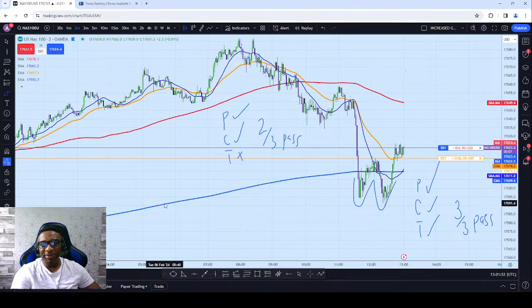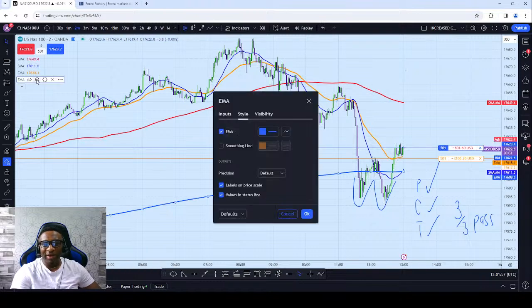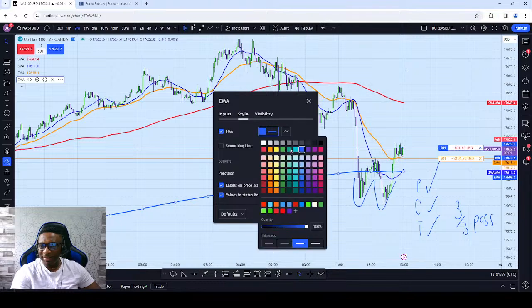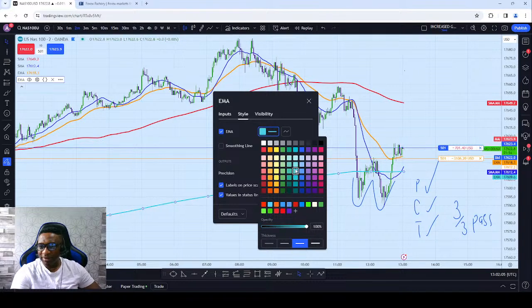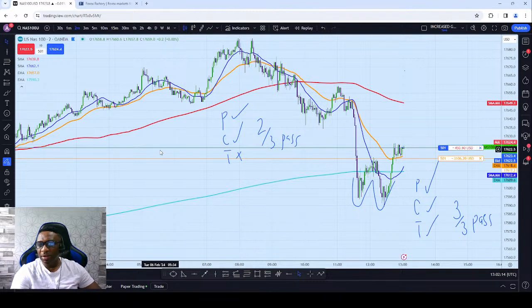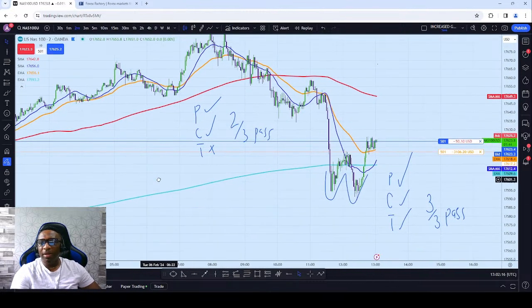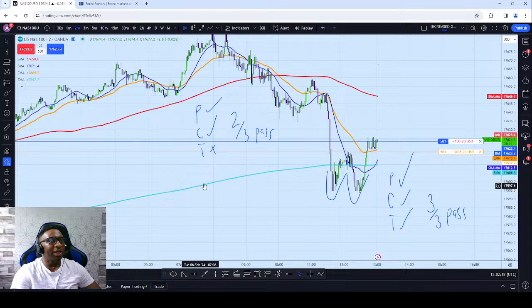Maybe I'll change the color so that you guys can remember. So that's our famous blue line that we know of from the system.